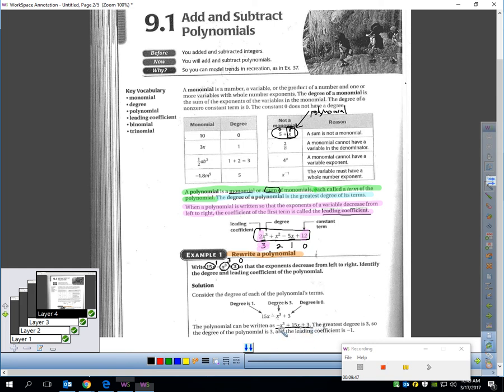So right now, when I write this way, the greatest degree is 3. Okay, so this is a third degree polynomial. And can you see how the number in front of my first term is -1, the lead coefficient's -1? You're definitely going to be asked that in your homework, to write polynomials in order of degree from greatest to least and to name the lead coefficient.